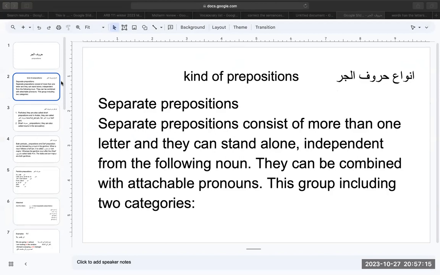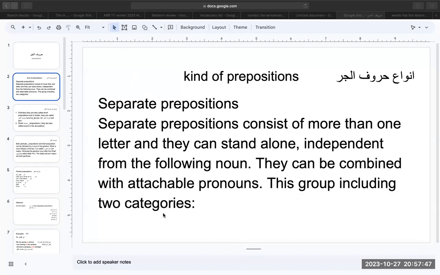So here, the first group is separated preposition. The separated one consists of more than one letter, and they can stand alone, independent from the following noun. They can be combined with attachable pronouns. This group includes two categories.